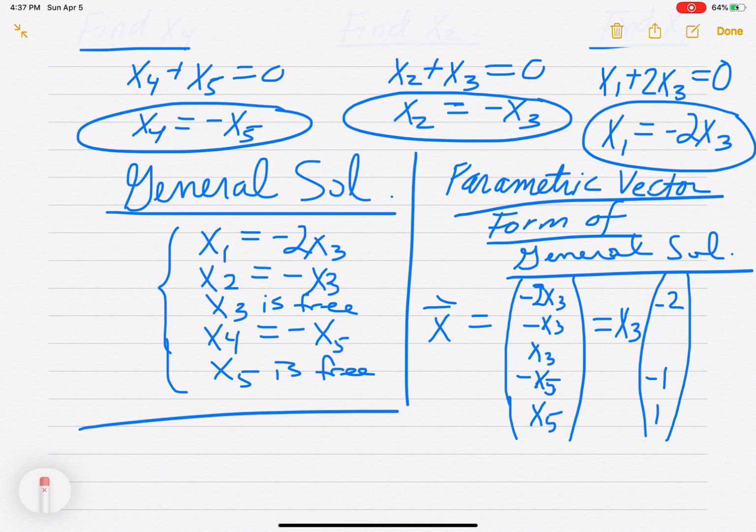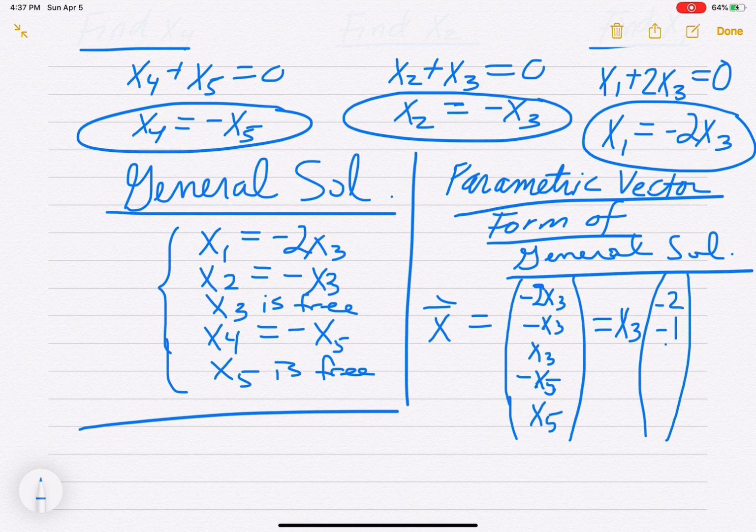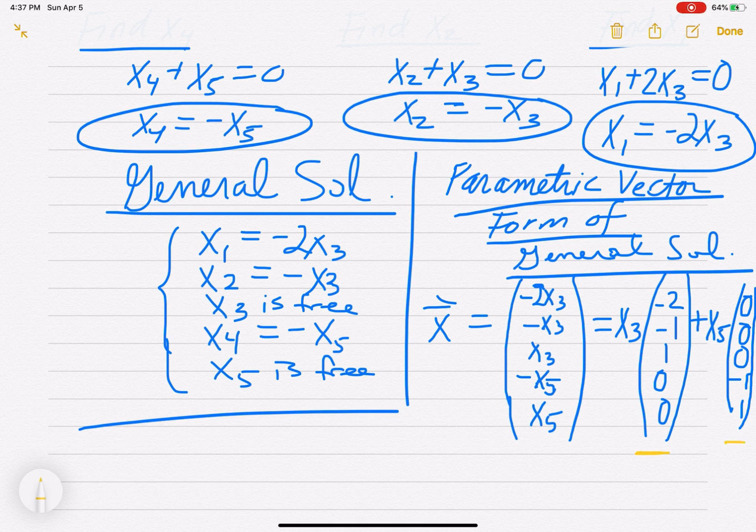I screwed up. So it should have been negative 2, negative 1, 1, and then 2 zeros, right? Coefficients on the x3s and then the x5s. Squeeze these in. It's going to be what? 0, 0, 0, negative 1, 1. Yeah, so if you take these two vectors here, you're able to build everything from the null space out of those two vectors.